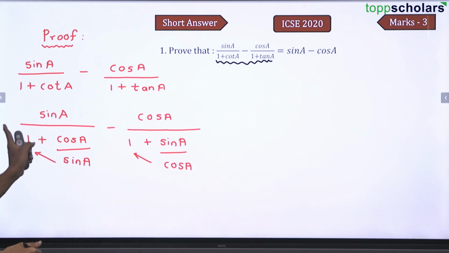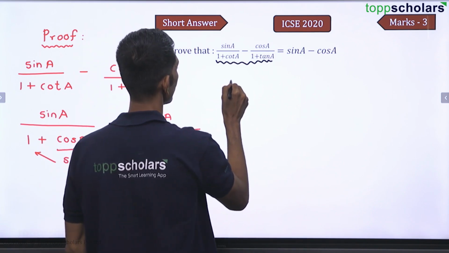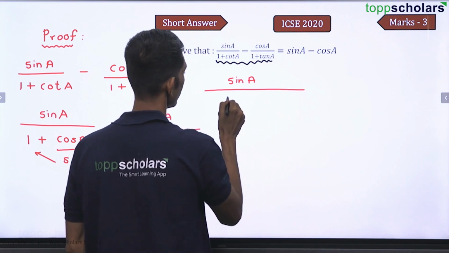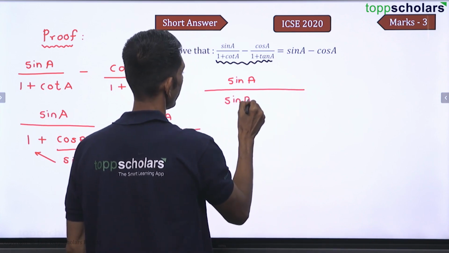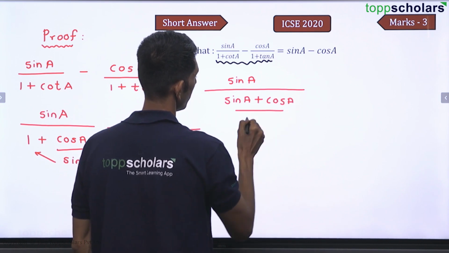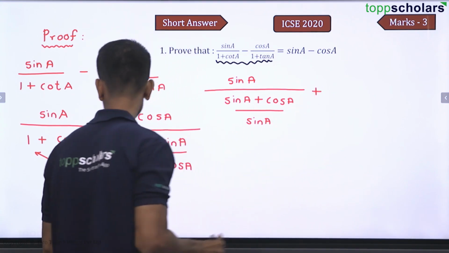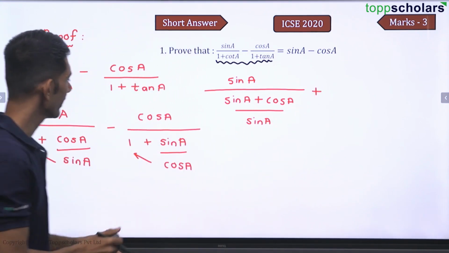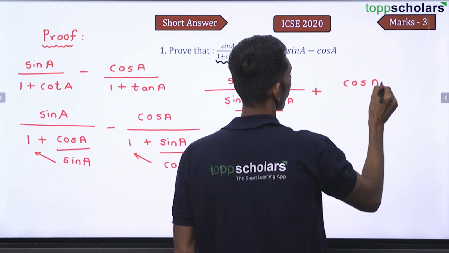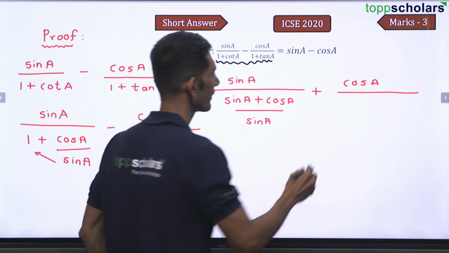So you get sin a by sin a plus cos a by sin a. So you get sin a by sin a plus cos a by sin a plus here cos a by same thing cos a plus sin a by cos a.